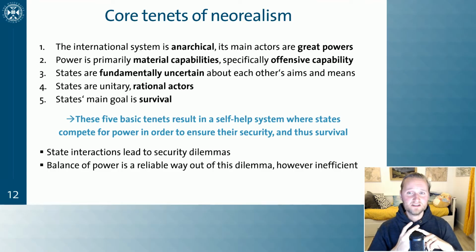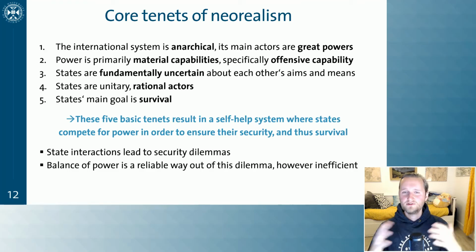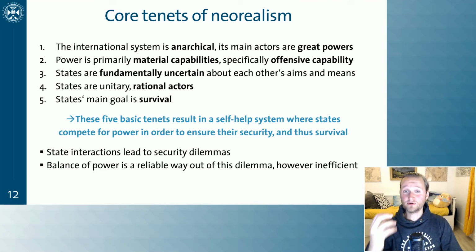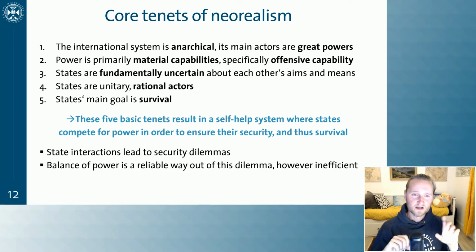So what really matters in Neorealism is tanks, guns, soldiers, planes, bombs, size of your territory, whether or not you have an ocean between you and others. It's like the physical reality of the world. So power, whether a state is powerful or not, is very much based in material capabilities. And more specifically, it's really just about how much of an army you can field, how much offensive capabilities do you have, how much destructive potential do you have.